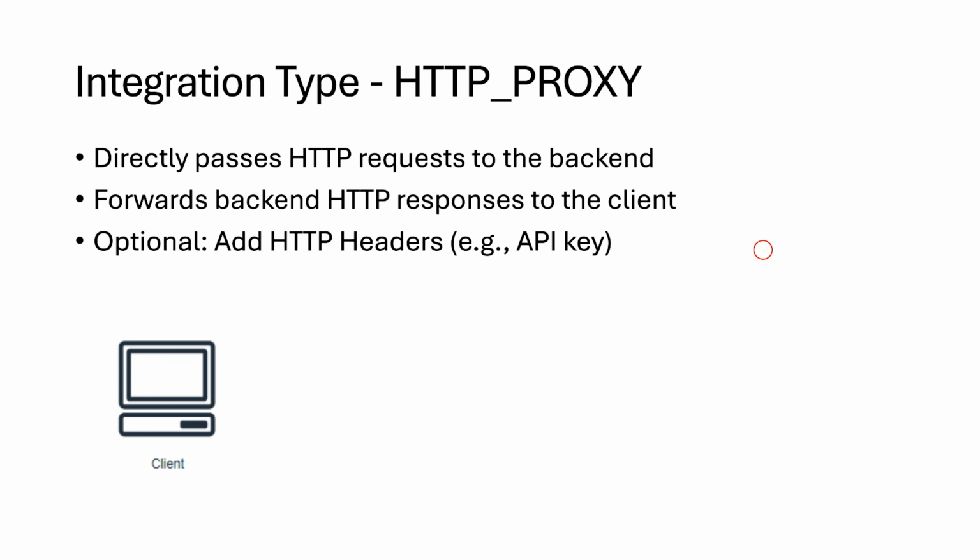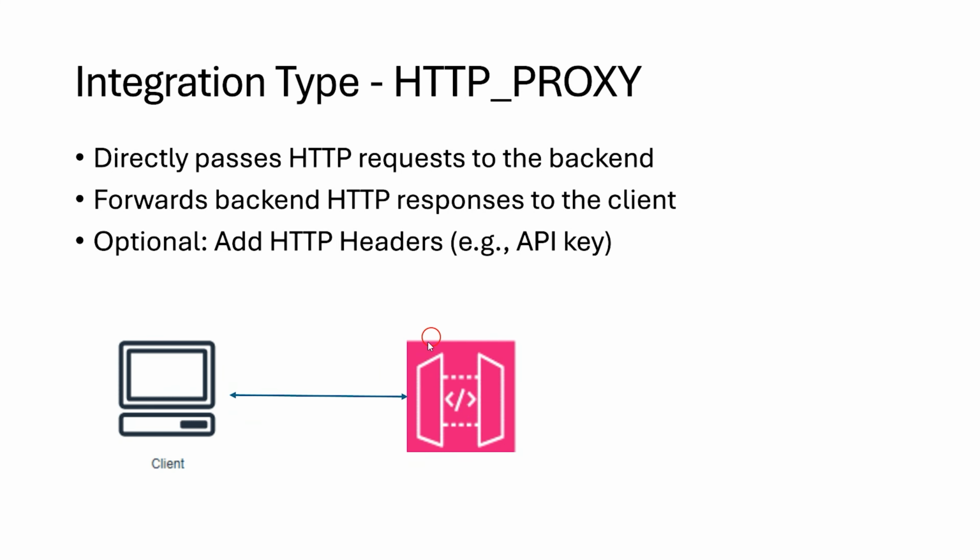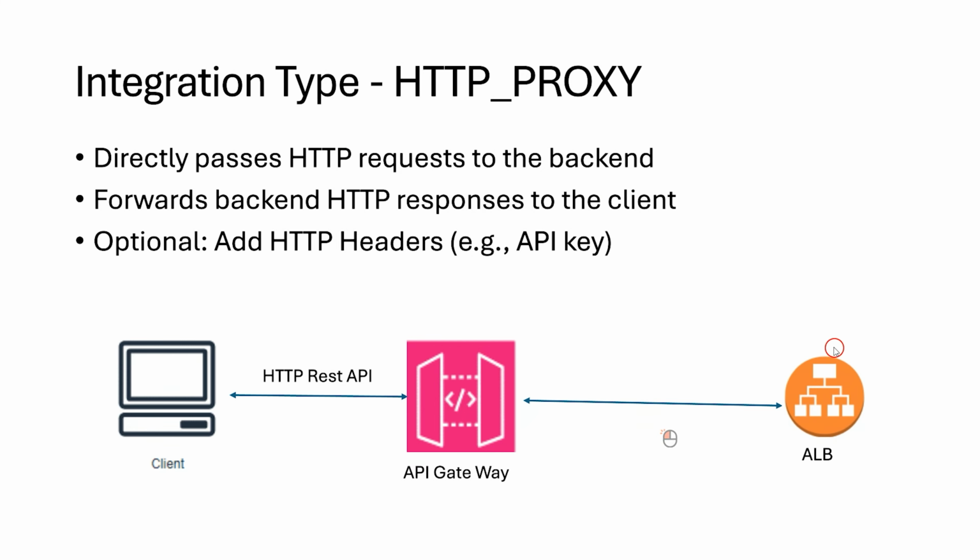Okay. And if you see the example, you have a client accessing the API Gateway through a REST API. And the API Gateway is using the integration type HTTP proxy. So the underlying service, for example, an ALB, which is exposing an HTTP endpoint, will get the request directly. There is no parsing here. The only thing we can add is one header to include our API keys.